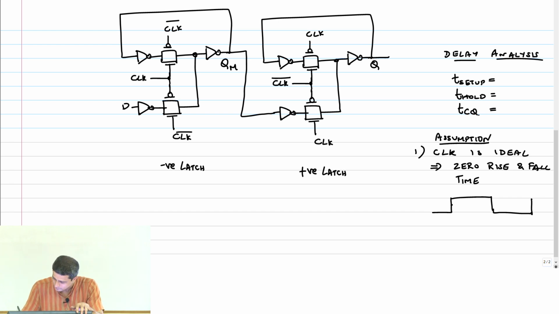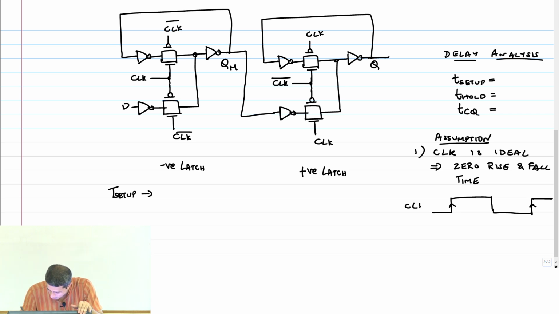So this is my sampling edge. Let us now look at T setup. What is setup time? It is basically the time before the clock edge when data should have stabilized in order to be sampled correctly.